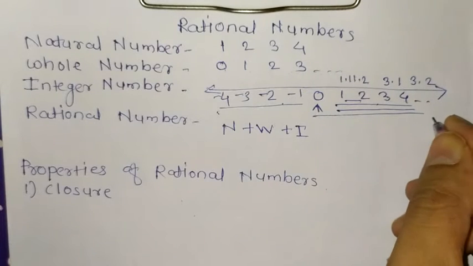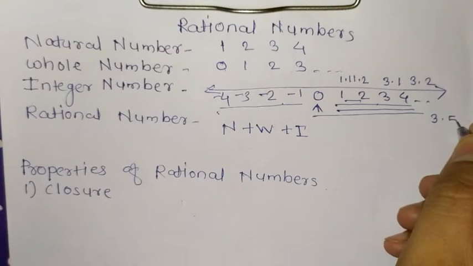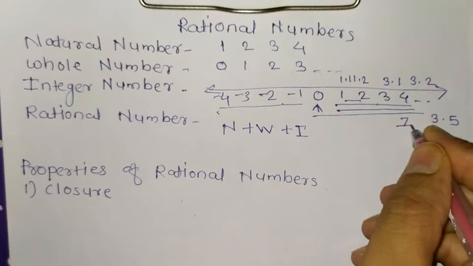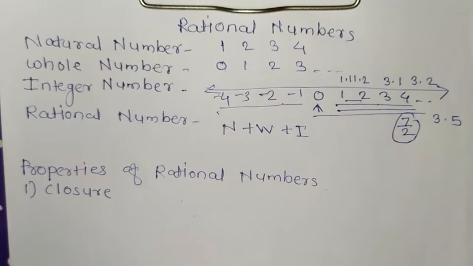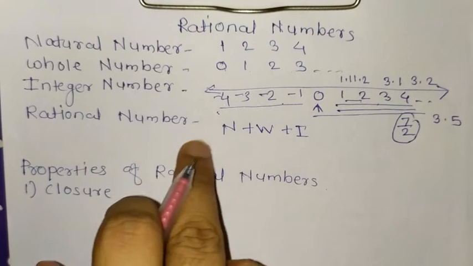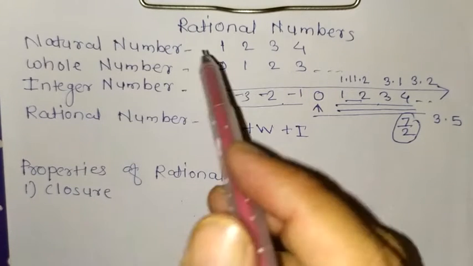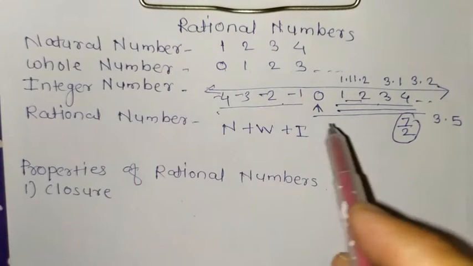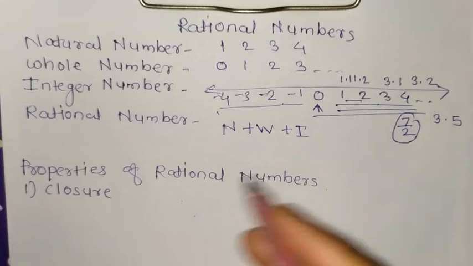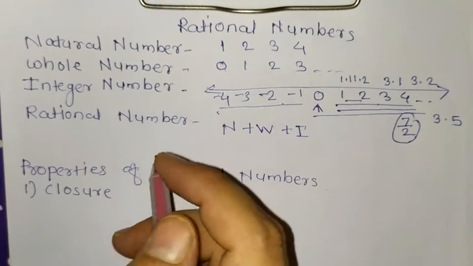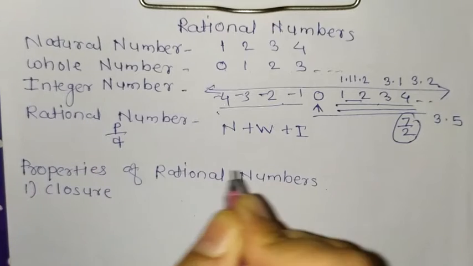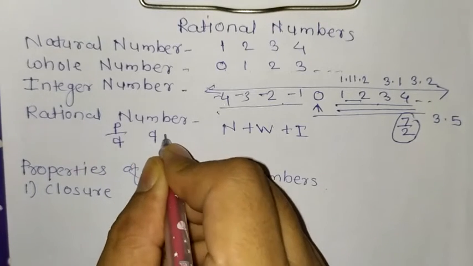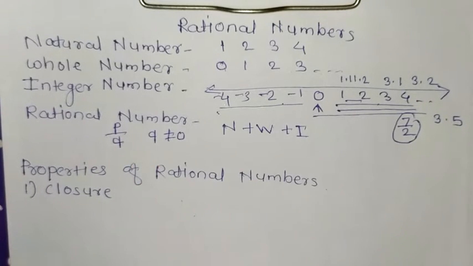If you consider one number like 3.5, it is nothing but 7 by 2. So this 7 by 2 is a rational number. In rational numbers we have many numbers like natural numbers, whole numbers, integers, decimals. So it is a fractional number. These are the rational numbers, in the form of P divided by Q, where Q is not equal to 0.